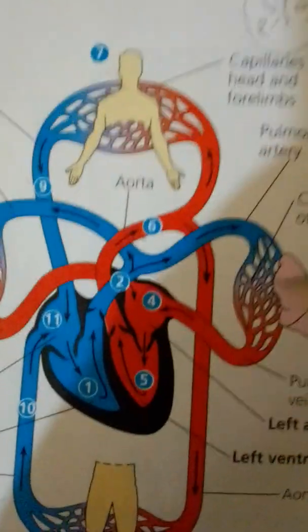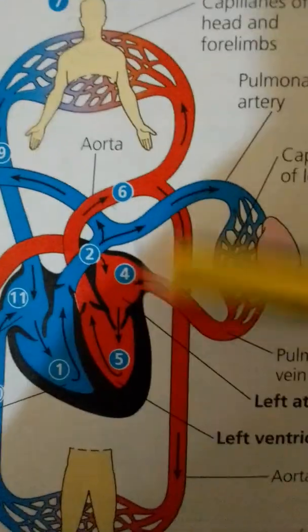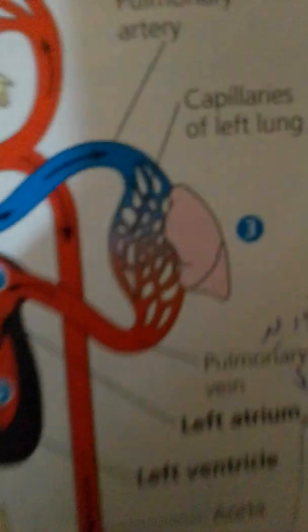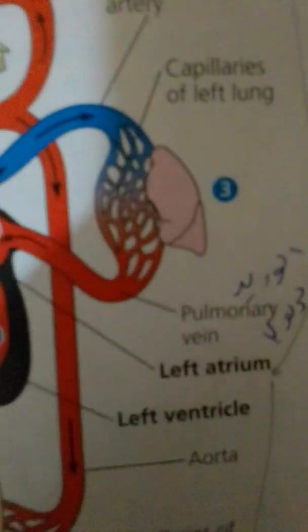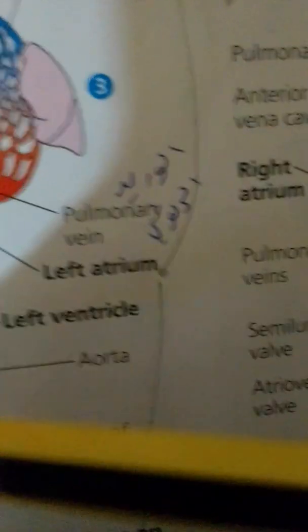Notice 7, the capillary beds in the head and arms or forelimbs. The aorta continues in the posterior direction, supplying oxygen-rich blood to arteries leading to 8, arterioles and capillary beds in the abdominal organs and legs.